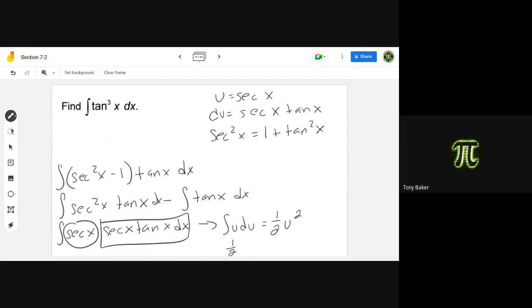So I've got one half secant squared x. And then what is the integral of tangent?